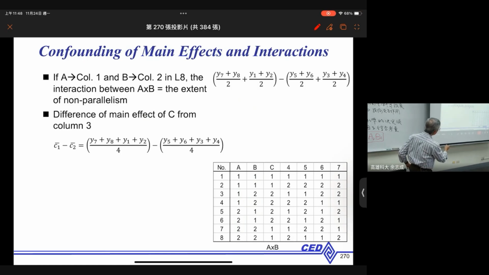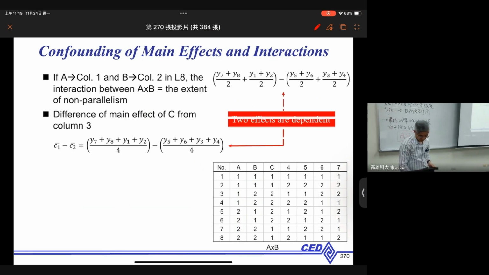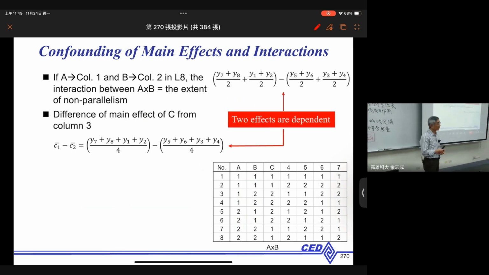If you compare this and that, you can find out these two equations are dependent. If this is big, this will also be big, because this is 1, 2, 7, 8 minus 3, 4, 5, 6. You see, they are dependent. Therefore, if the main effect of C is strong, the interaction is strong.